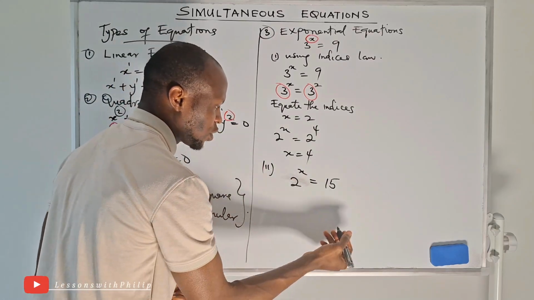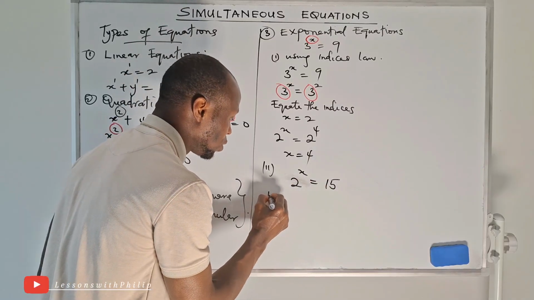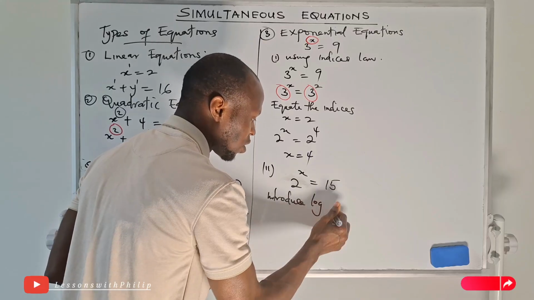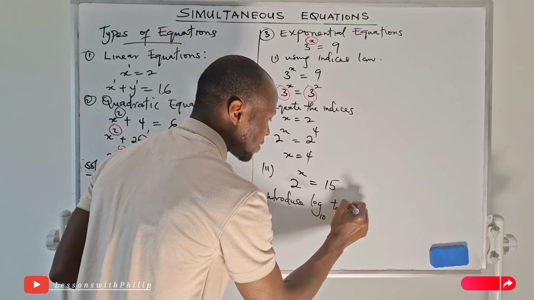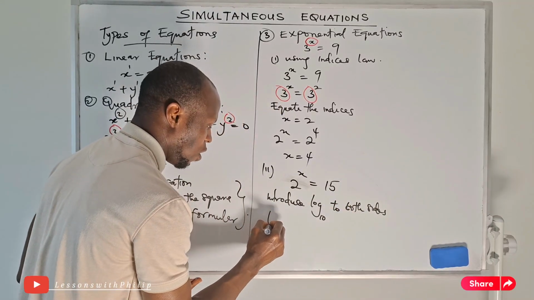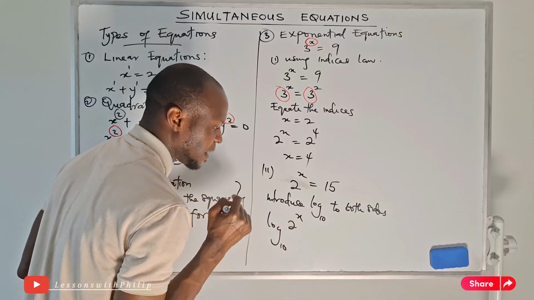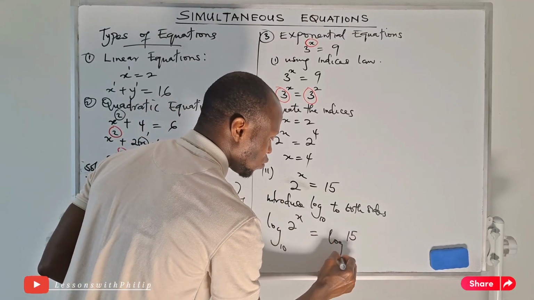Now, what you just need to do is introduce logarithm to both sides. If you take logarithm of both sides, log to base 10, we have log of 2 raised to power x to base 10 equals log 15 to base 10.